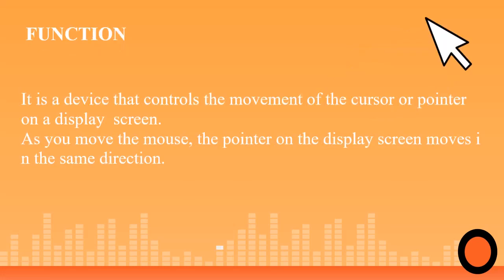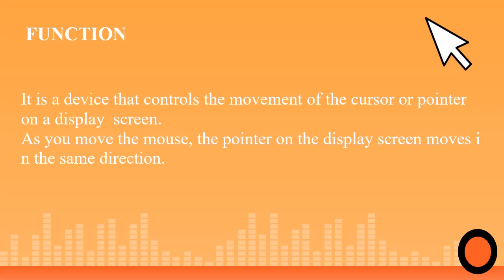Let us now then talk about what a mouse does. What is its function? It is a device that controls the movement of the cursor or pointer on a display screen. As you move the mouse, the pointer on the display screen moves in the same direction.